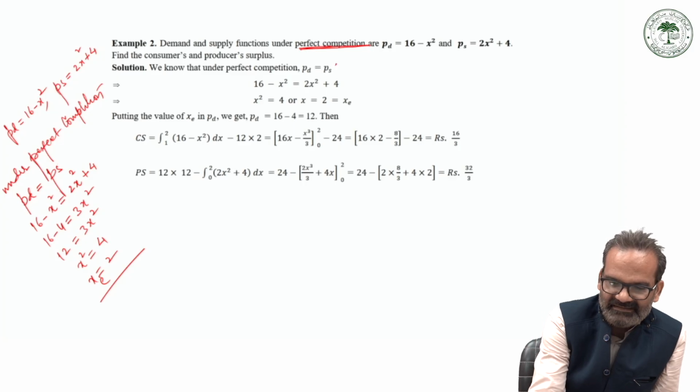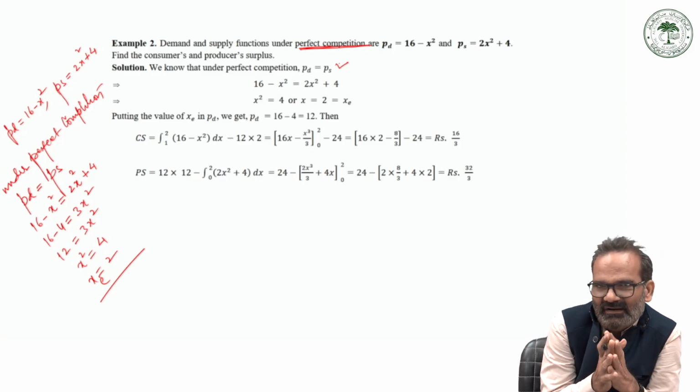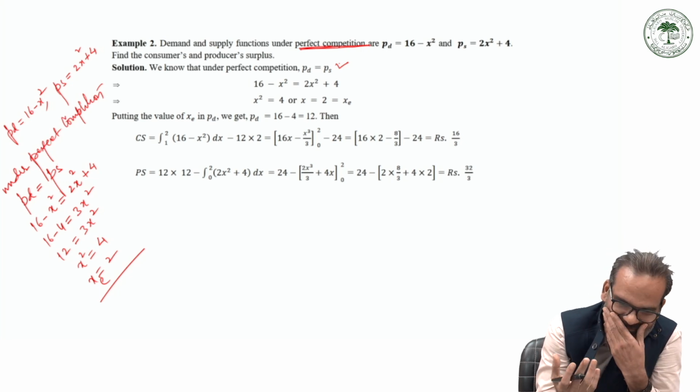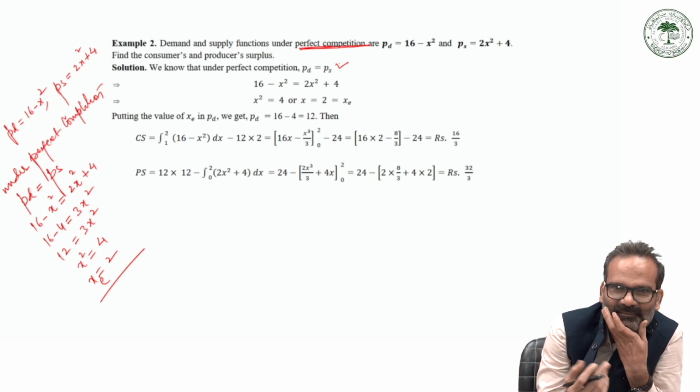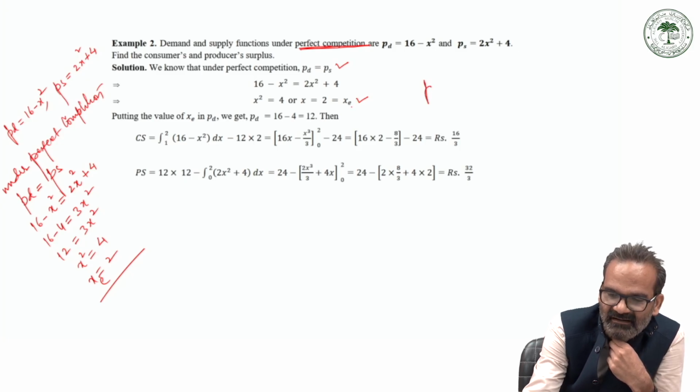So PD is equal to PS. This is why we did it, because we have been given only one condition, that is perfect competition, and we know under perfect competition supply and demand both are equal. So XE is coming out to be 2. Now put this value of XE in your demand function, that is PD. 16 minus x square, x is 2, that is 4.